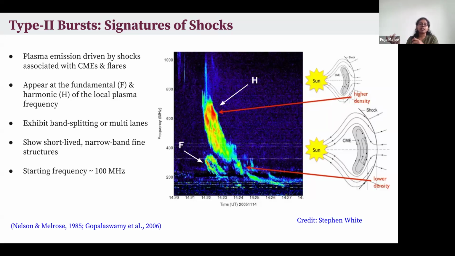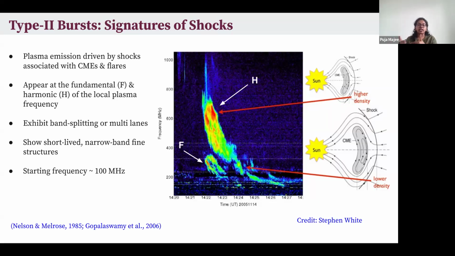and they appear at the local plasma frequency and its harmonic. If you look at the right side, this is how a type 2 solar radio burst looks. This is the dynamic spectrum, and you will always see the fundamental and the harmonic emission. Now, as I said, these are signatures of shocks. As the shock propagates through the coronal plasma, it encounters lower and lower electron densities, and therefore lower and lower plasma frequency.